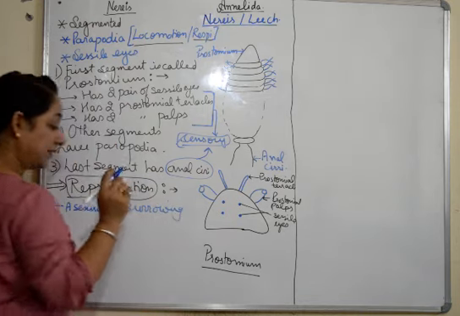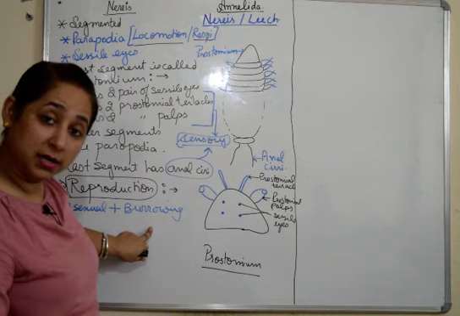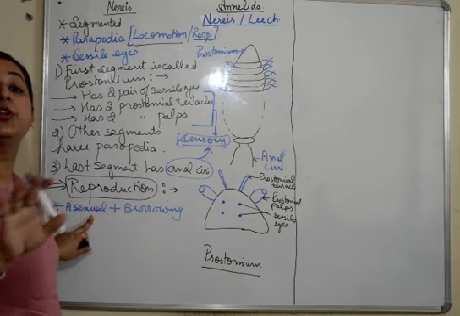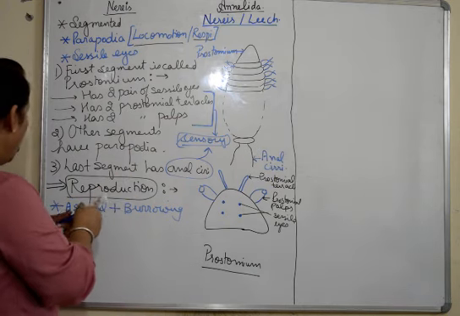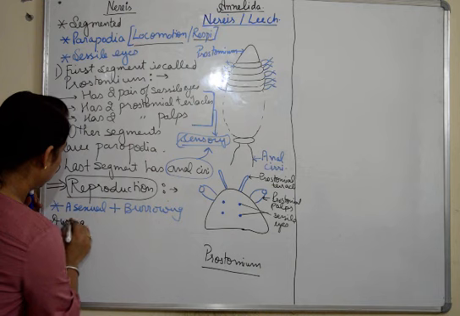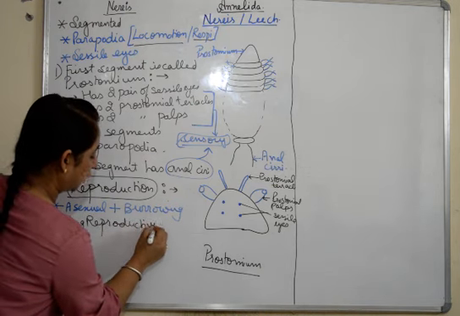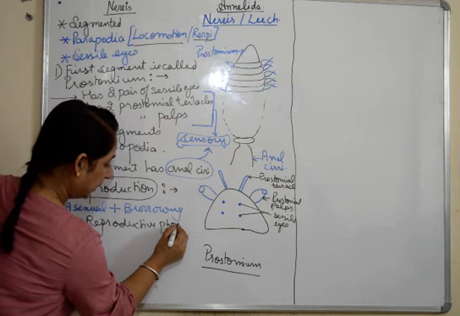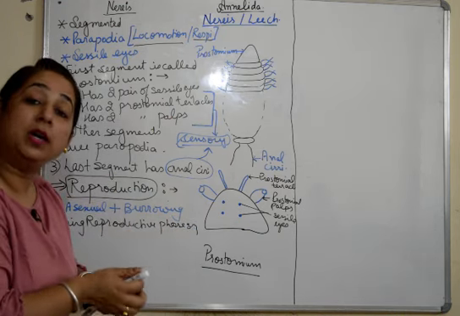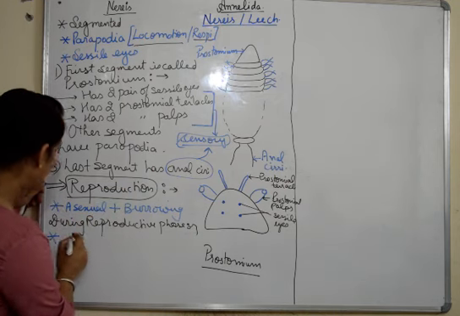It makes burrows on the seabeds. So it is burrowing and it is asexual in nature when it is not reproducing. Now during the reproductive phase, what happens? How does it reproduce? This Nereis will convert into heteronereis. So the reproductive phase is known as heteronereis.